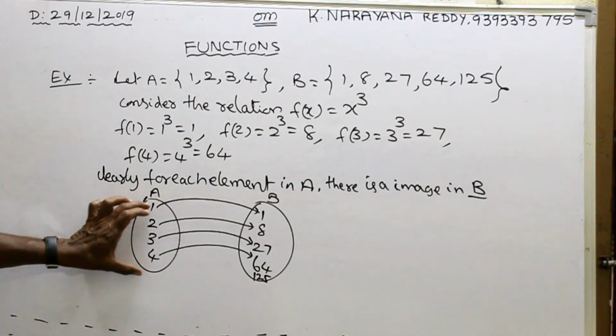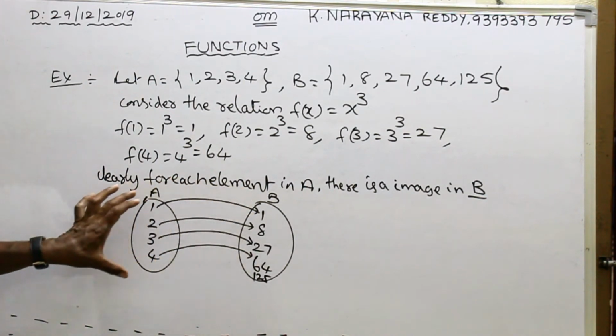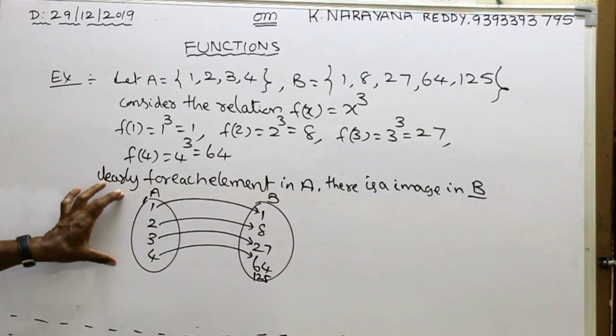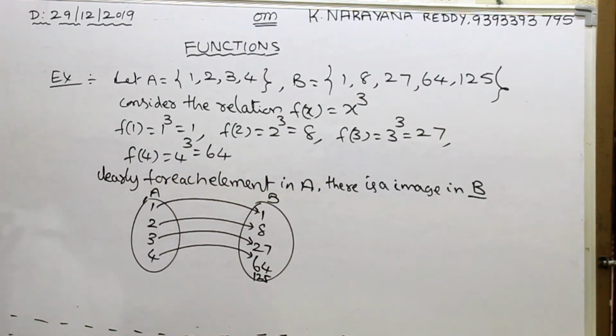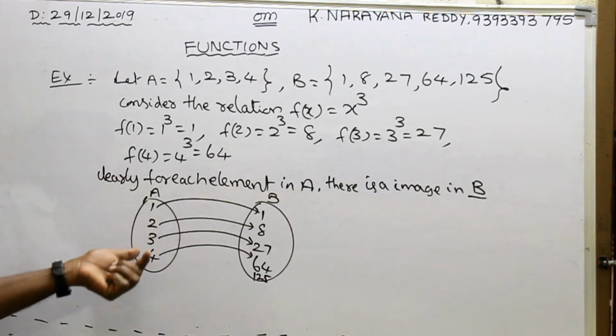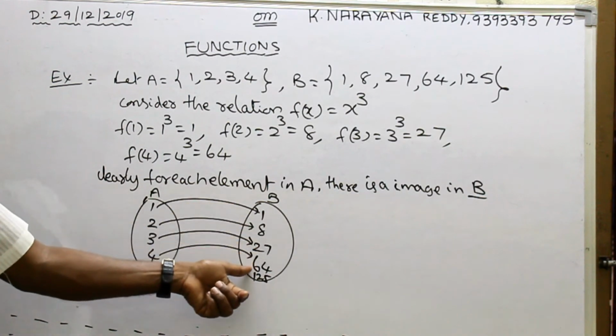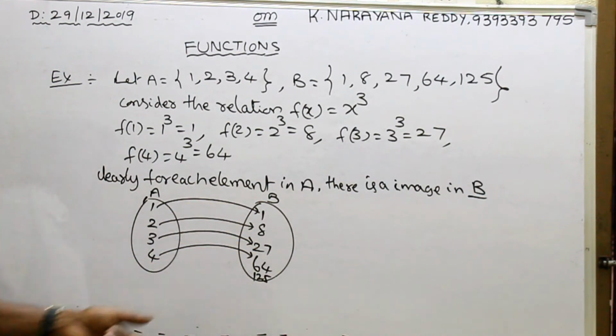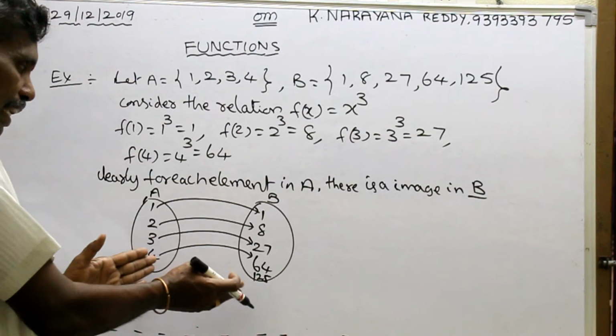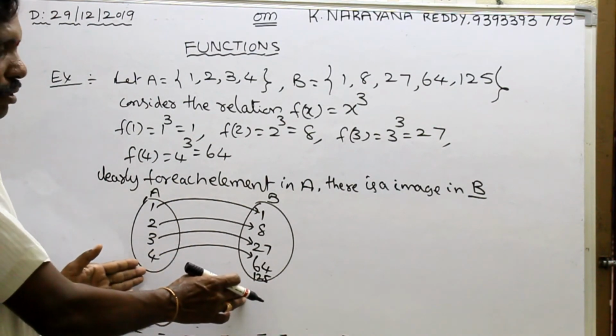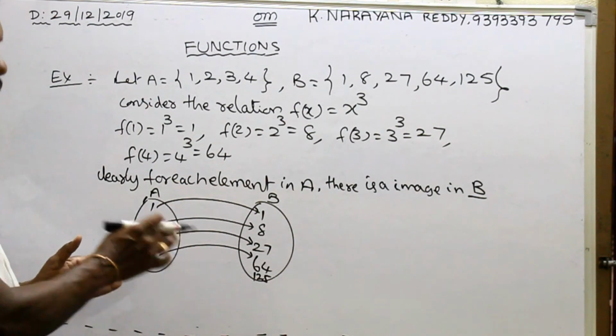Here this is object, this is image. This is domain, this is range. So A is 1, 2, 3, 4, B is 1, 8, 27, 64, but not 125. There is no pre-image for 125, there is no object for 125.